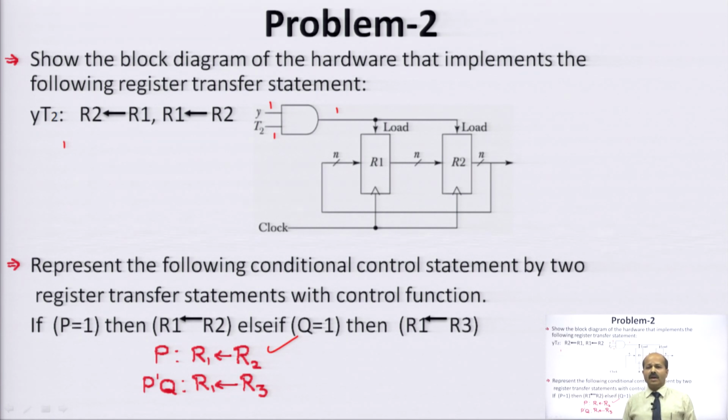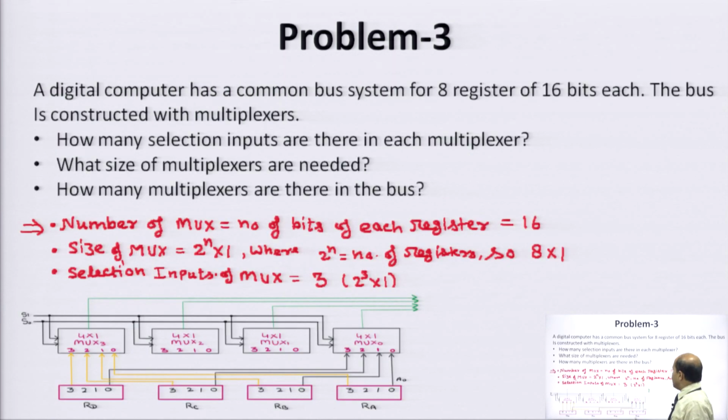Let us talk about the next problem, which is related to selection of register. The problem states a digital computer has a common bus system for 8 registers of 16 bits each. The bus is constructed with multiplexers.